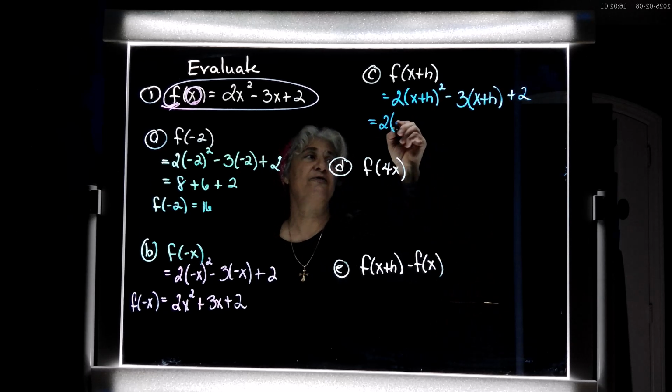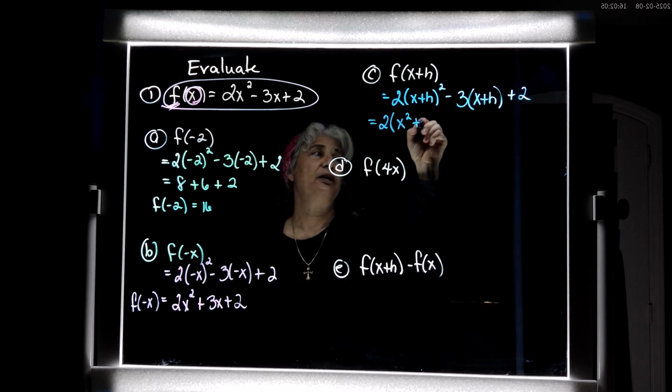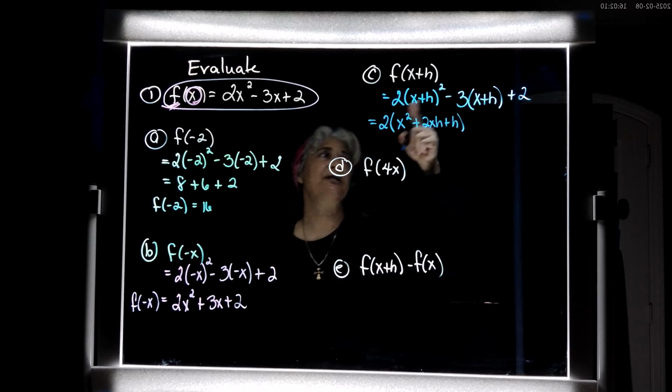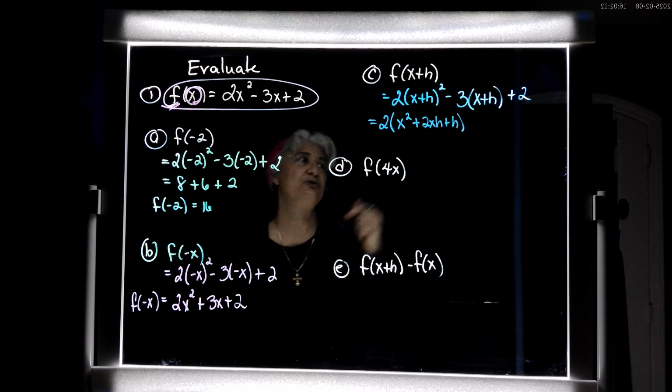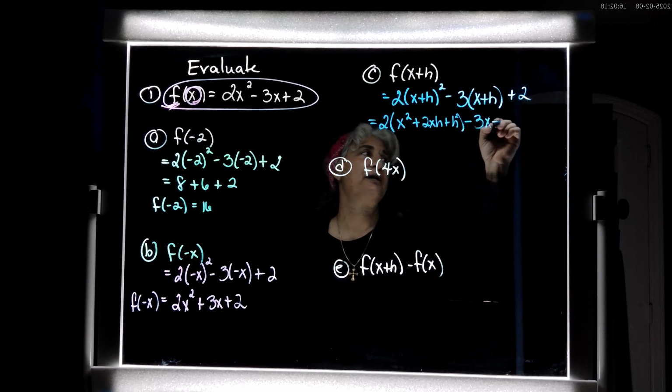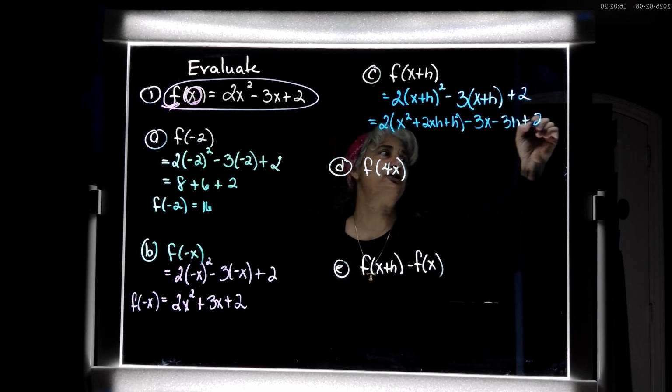I'm just going to write the final result of doing x plus h times itself. And when you do this, please make certain you write the x plus h out twice and do your distribution. That's an h squared. Sorry about that. And then minus 3x minus 3h plus 2.